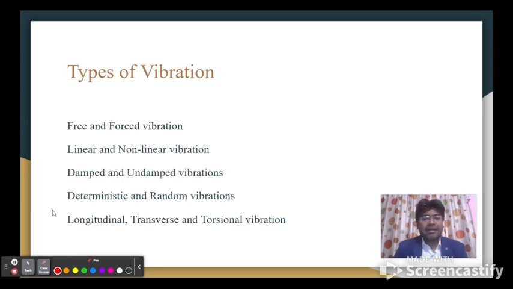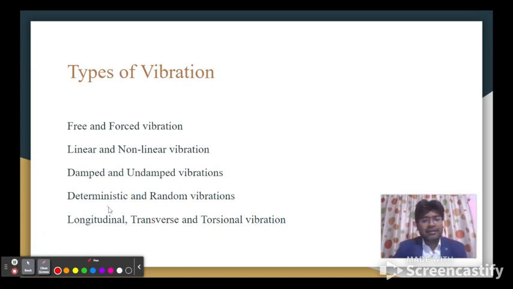Okay, now damped and undamped vibration. When a damping element is induced in a structure and the structure goes into vibration, that is called damped vibration. And when that damping element is not present and it is under free vibration or forced vibration, that will be known as undamped vibration.